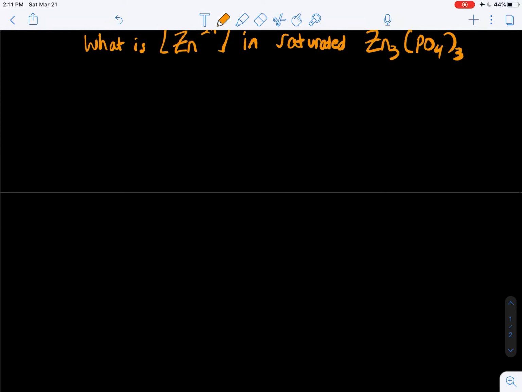Okay. So zinc is a +2, not really a transition metal, and phosphate is a -3 polyatomic ion. So keep that in mind.